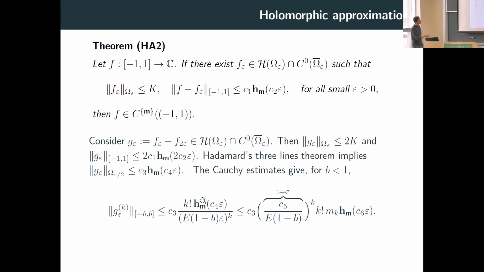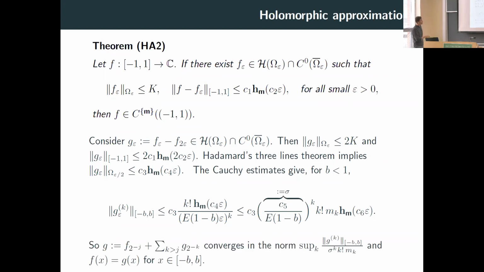I can absorb this in the function hm because I assume that my weight sequence m has moderate growth. The cost I have to pay is that I get the factor mk in front. What remains here is just a number, so I call it sigma, and then I can divide by sigma to the k times k factorial times mk, and I get a defining seminorm for my class.